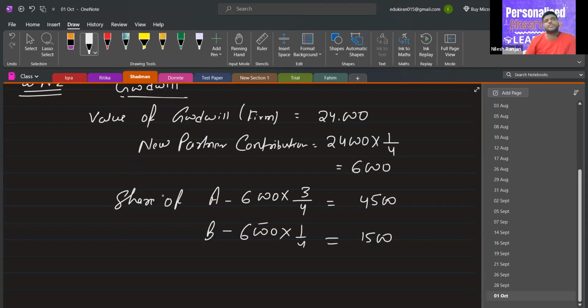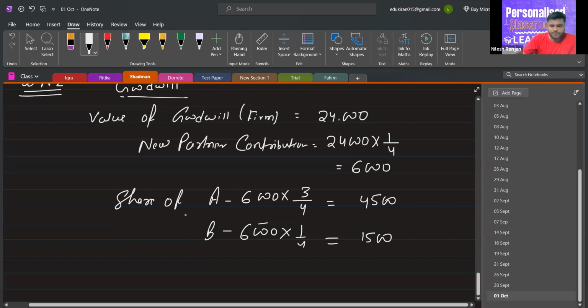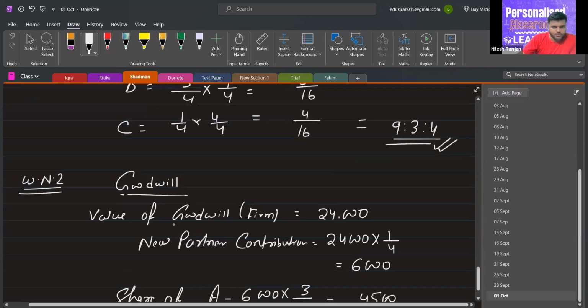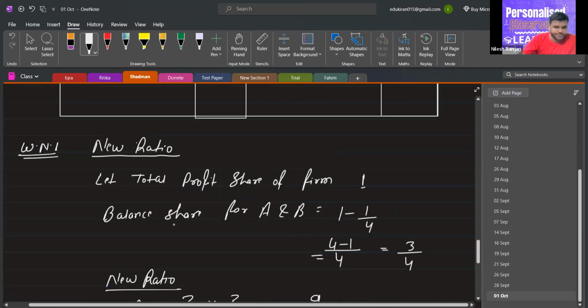And what is the formula for new ratio? New ratio is old ratio minus sacrifice, or old ratio plus gain.